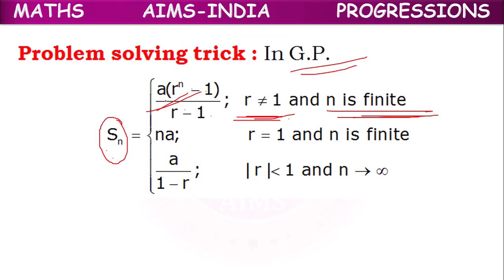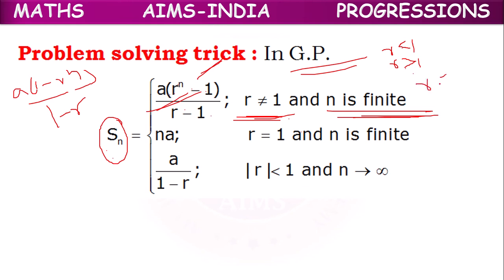In this, if r is less than 1, the formula becomes a into 1 minus r power n by 1 minus r, and if r is greater than 1, we use this formula.